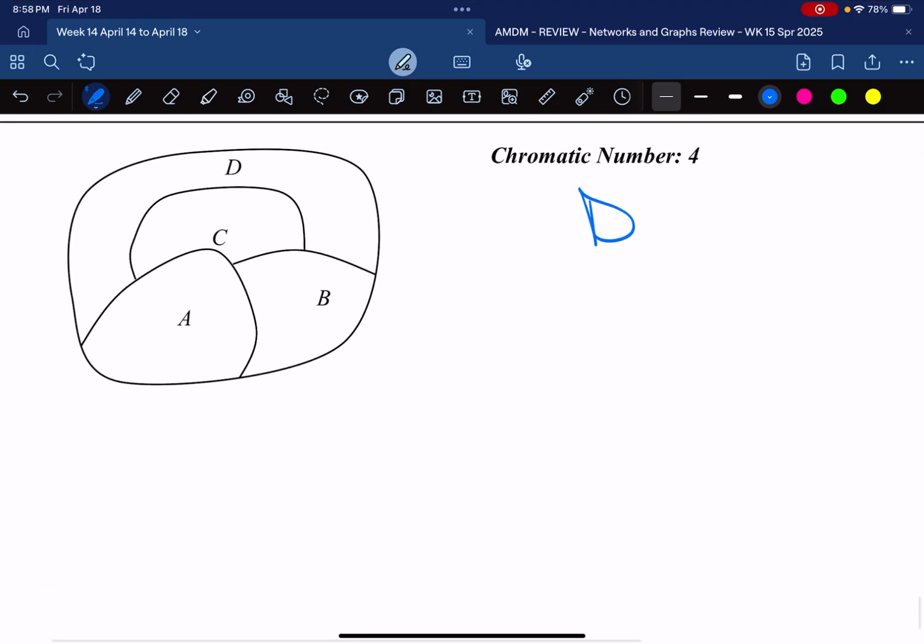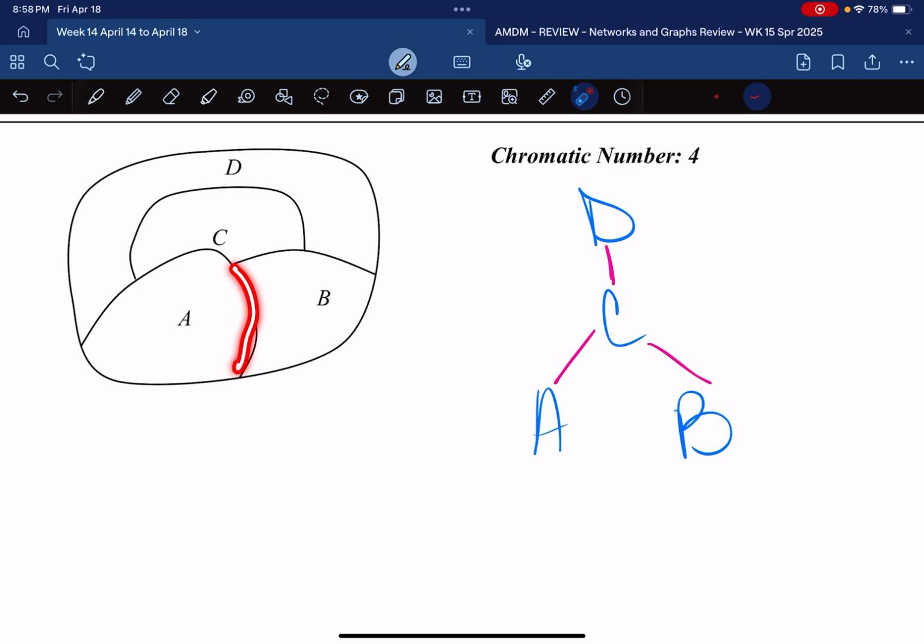If we go D, C, A, and B in this one, D and C share an edge right here. C touches A, and C touches B. So very similar to before, right?